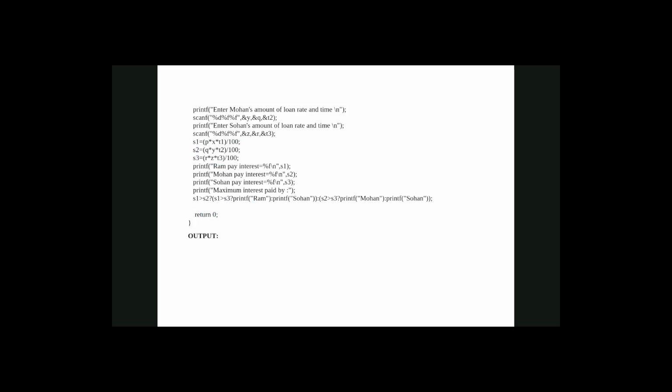Here, this is the condition, this is the if part, and this is the else part. The condition is if S1 is greater than S2; this can be true or false.